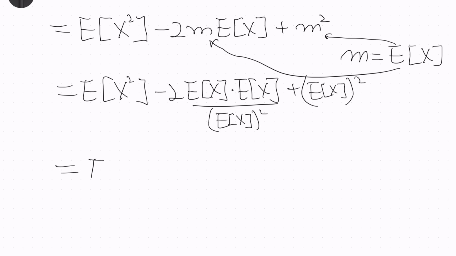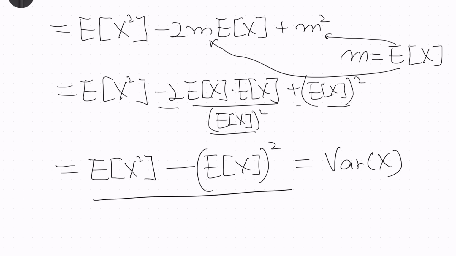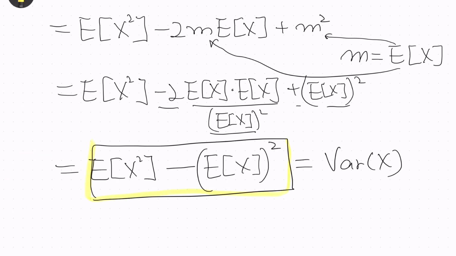So if you just look at the expected value of x squared minus 2 x squared plus 1 x squared, you can just leave the expected value of x squared minus the square of the expected value of x. So this is your variance. That's how this formula is the same as your variance.